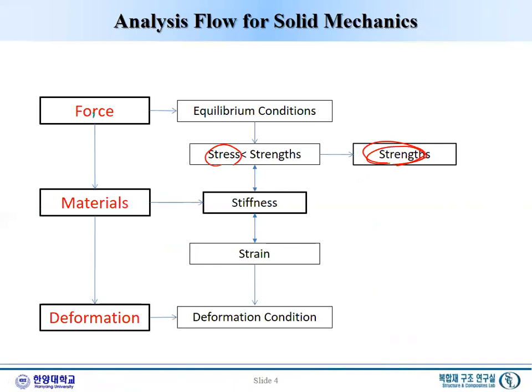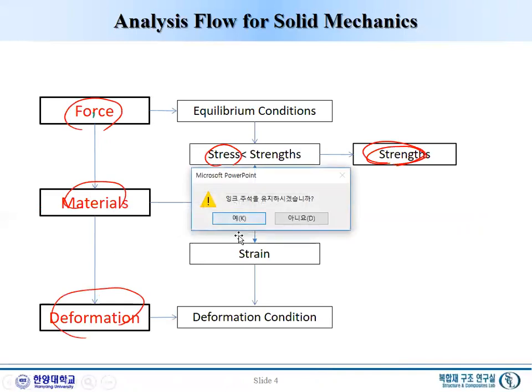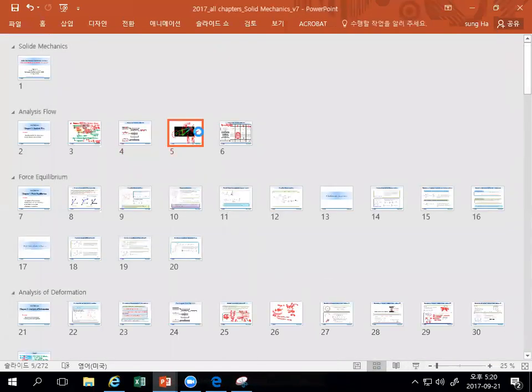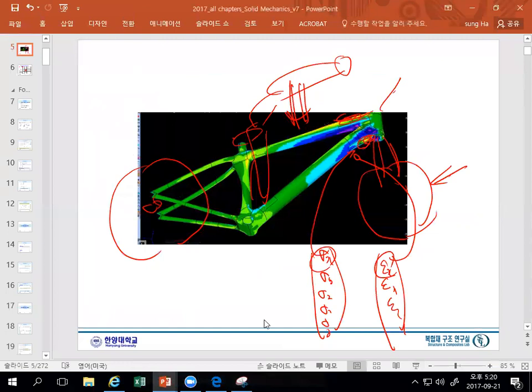So we have to consider force and material and externally, but you control all the thickness and get the best bike. Okay, get the best bike and the lightest one. I mean, this is just one small example. You can apply it to any component.